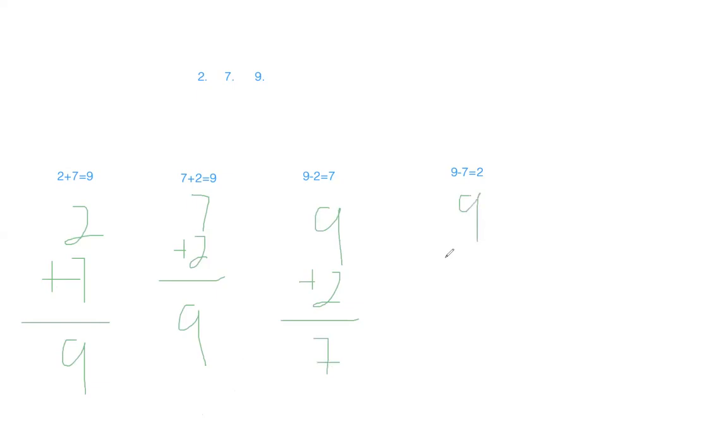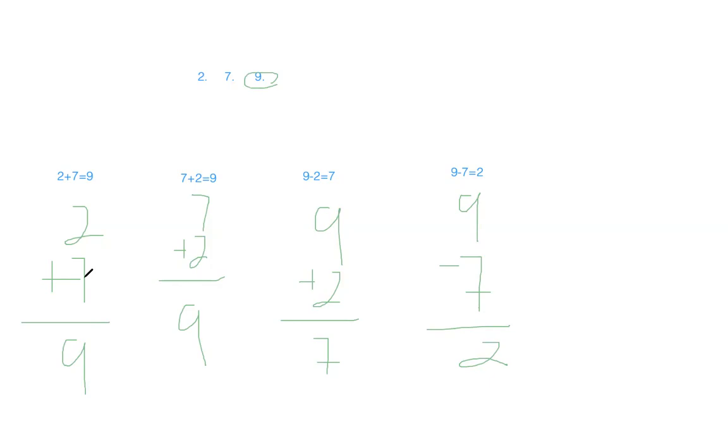And 9 minus 7 equals 2. Good. Now that we wrote those down, what do you notice about the numbers in these fact family problems? Yeah, you're right. The greatest number is always on the top or the bottom, right?